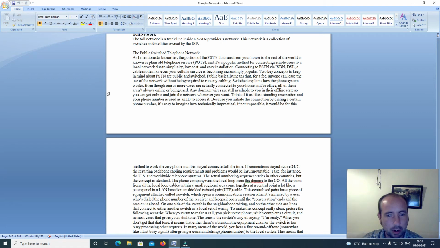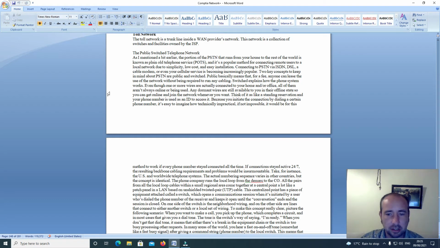Even though one or more wires are actually connected to your home and/or office, all of them aren't always online or being used. Any dormant wires are still available to you in their offline state, so you can get online and join the network whenever you want. Think of it as like a standing reservation, and your phone number is used as an ID to access it.